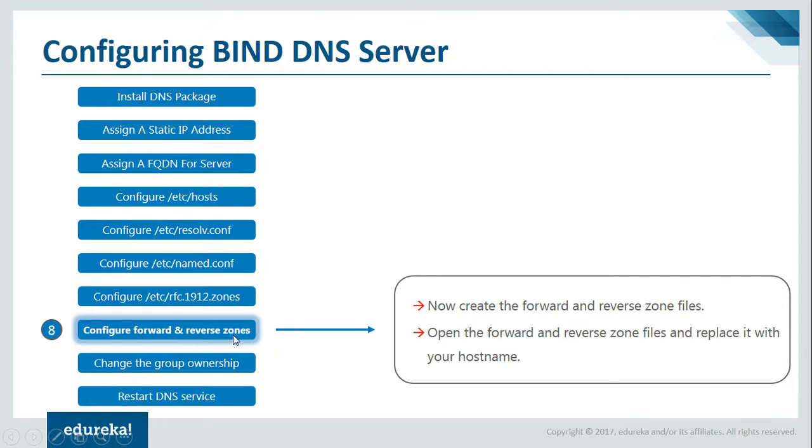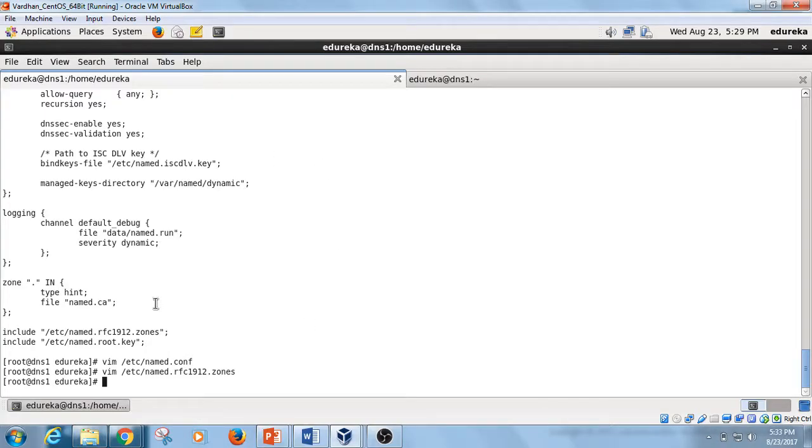Now, to create the forward and reverse zones, you have a basic template, right? Let me just print out the template that we would be getting. So inside my var directory, I have named, right?